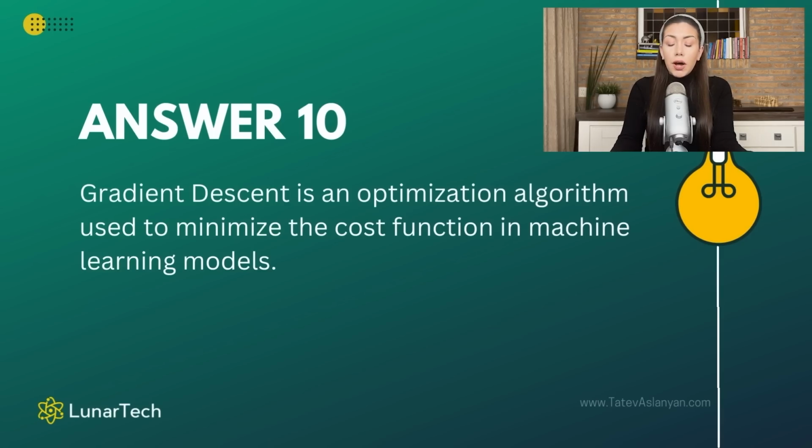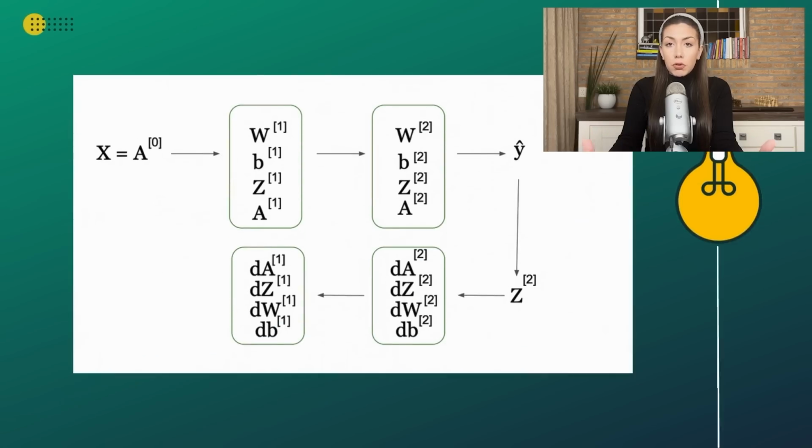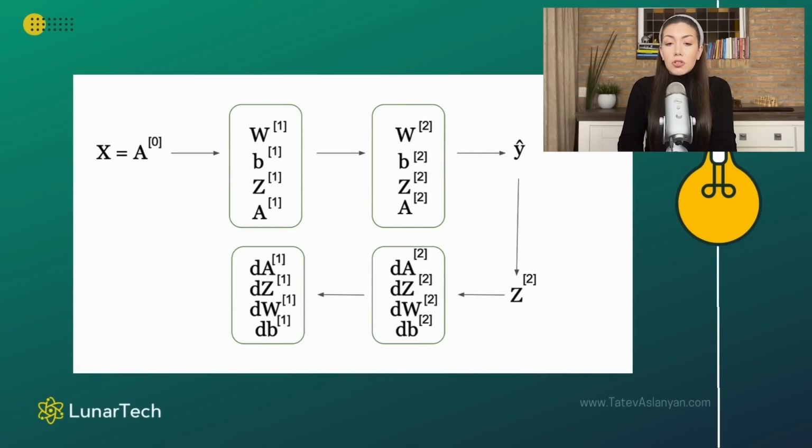We need to also understand the flow of neural network, how the training process works, which we have seen as part of the previous questions. And then we need to understand the idea of iteratively improving the model and why we are doing that. So let's start from the very beginning. So we have just learned that during the training process of a neural network, we first do the forward pass, which means that we are iteratively computing our activations.